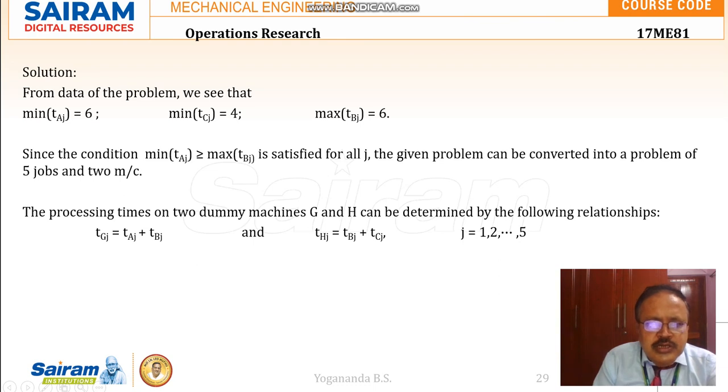So we'll convert the 3 machine problem into a 2 machine problem. We consider 2 dummy machines G and H such that the processing times of the first 2 rows, A and B, will be added to get the dummy machine G. Similarly, B and C will be added to get the dummy machine H processing times for J1 to 5.